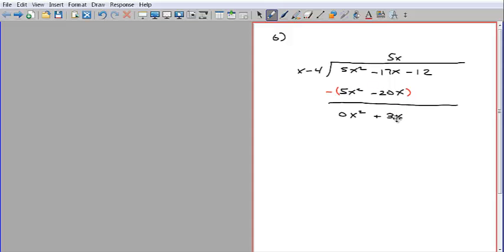Now we ask the same question, but not what do we multiply x by to get 5x squared? What do we multiply x by to get 3x? So the answer is 3. Line that up here. 3 times x is 3x, and we need to bring down the next term that I haven't looked at yet. 3 times negative 4 is negative 12.